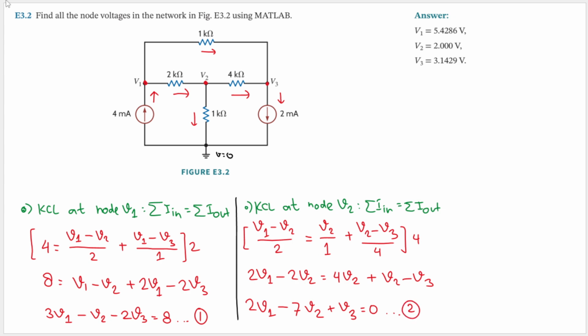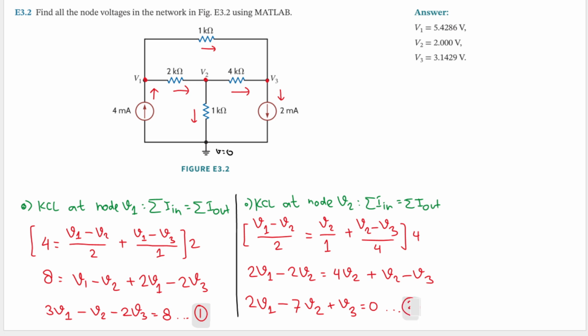We have two equations now, but we have three variables. We need one more equation, which can be obtained by using KCL at V3. Let's play the same game again. KCL at V3 says that the sum of the current that goes in will equal the sum of the current that goes out.